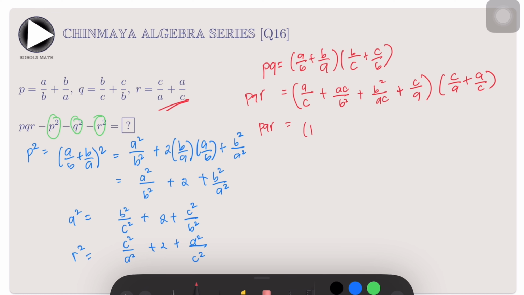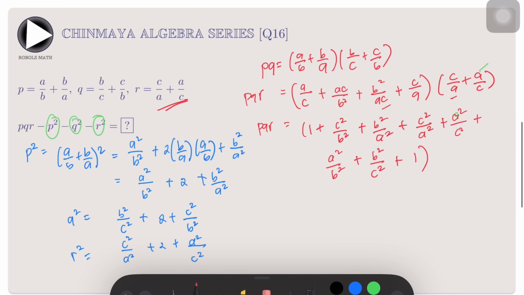So we'll get 1 plus C squared over B squared plus this and this. We get B squared over A squared plus C squared over A squared plus, next we'll look at this one, that's A squared over C squared plus A squared over B squared plus B squared over C squared, and lastly we have 1.